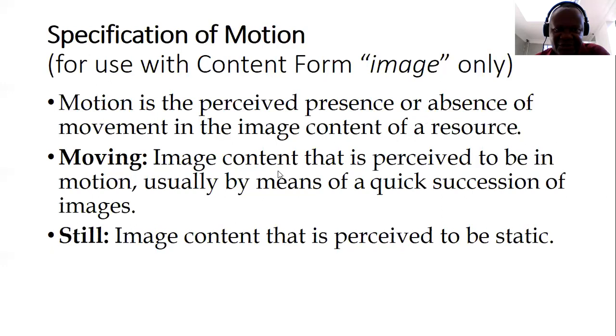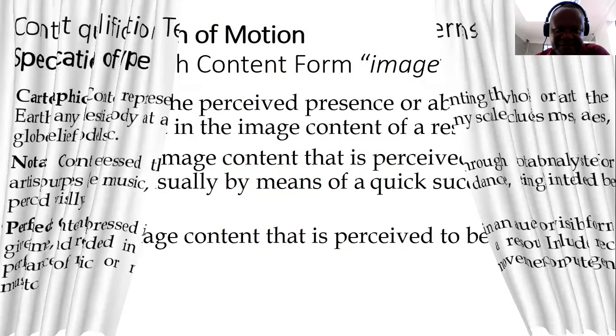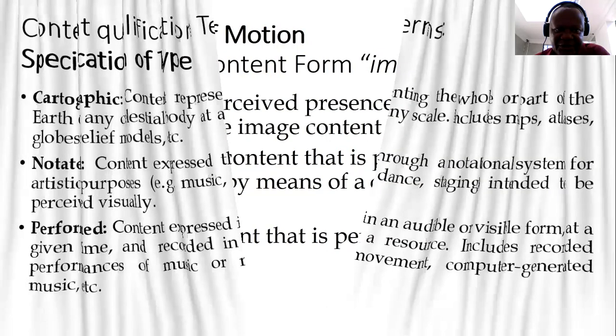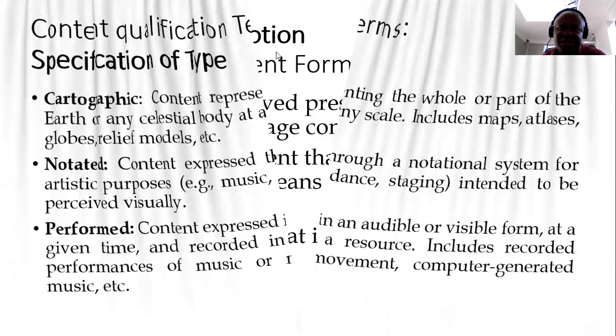last one, specification of motion. Remember, we have just looked at the specification of type, where we had 3 categories, where we have cartographic, notated, or performed. That is specification of type. But we have also specification of motion, which is next.